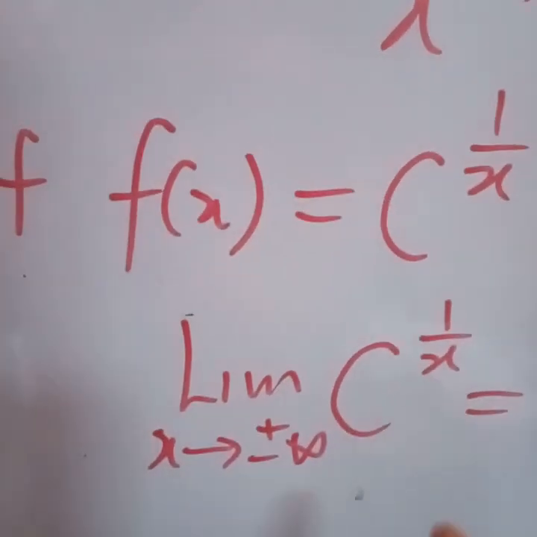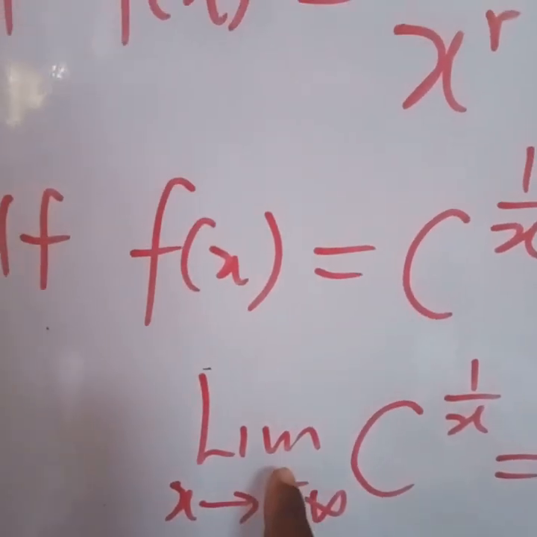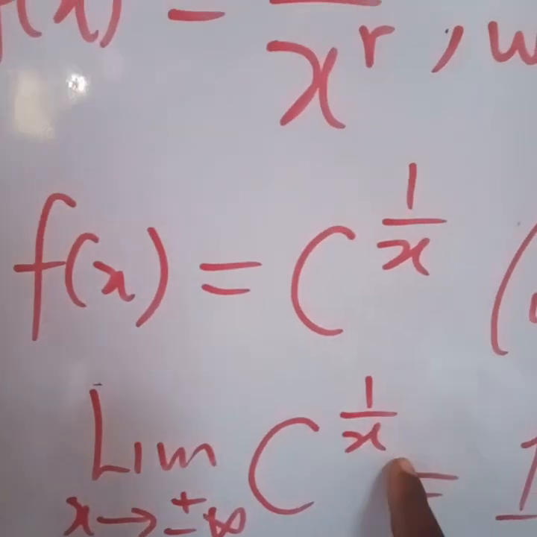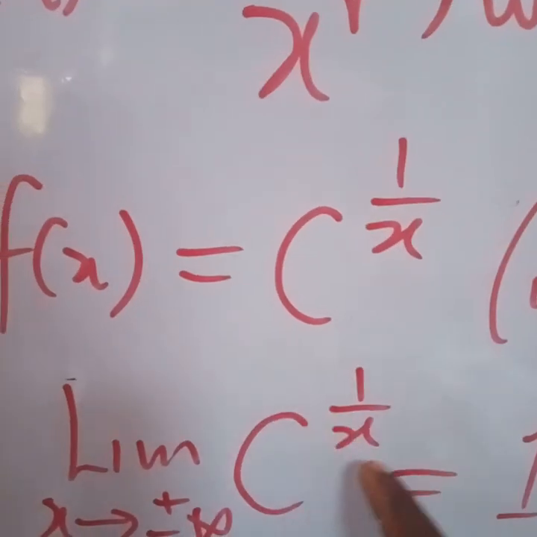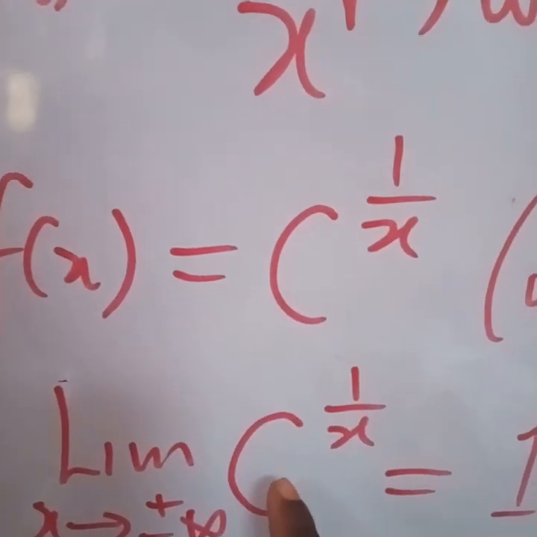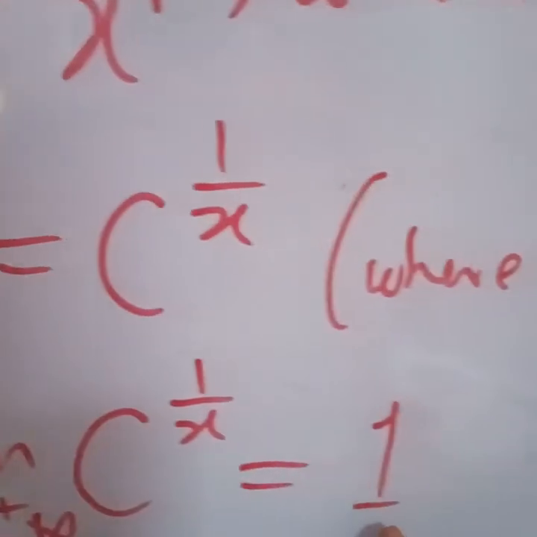Literally, the limit affects the power 1 over x, and of course this becomes 0. So by the law of indices, c raised to the power of 0 is 1.